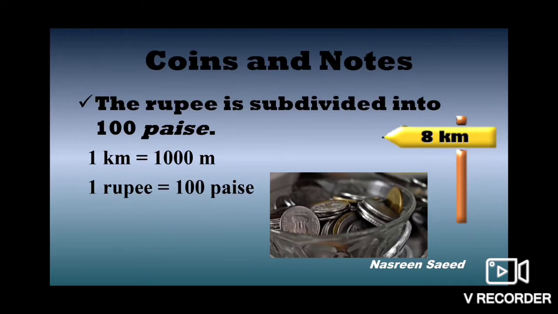Nowadays 50 paise is the smallest denomination, but people rarely use 50 paise, so we have got directly 1 rupee as the smaller denomination. But in the olden days we had 1 paise, 2 paise, that means 1 rupee is divided into 100 paise. So I hope you have understood the meaning of subdivided. So you know now that rupee is divided into smaller parts, that is 100 paise.